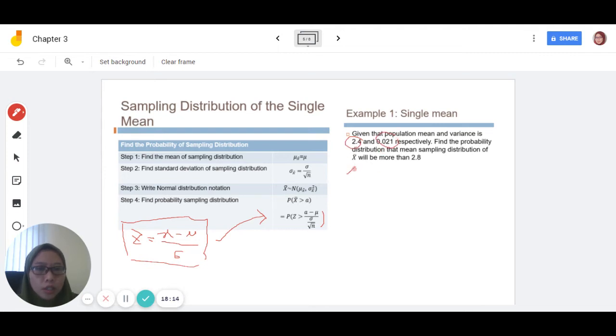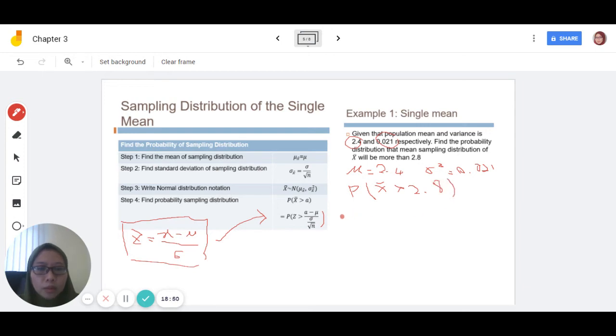So mu is 2.4, and the variance, which is sigma squared, is 0.021. Then find the probability P of the sample mean x bar being more than 2.8.